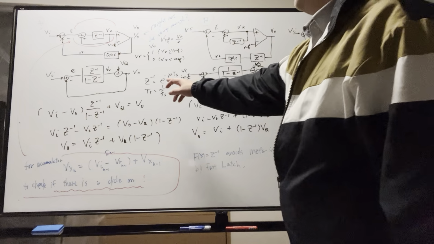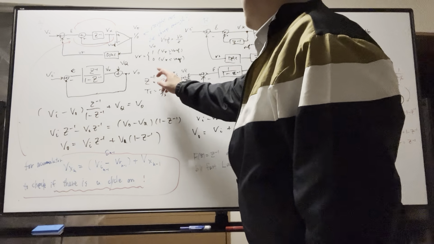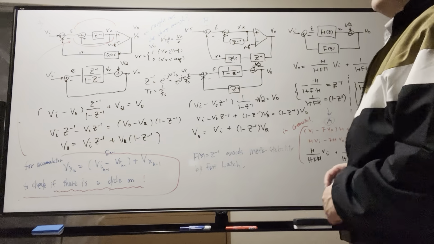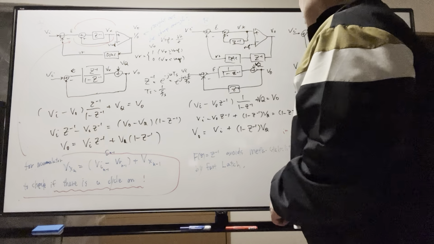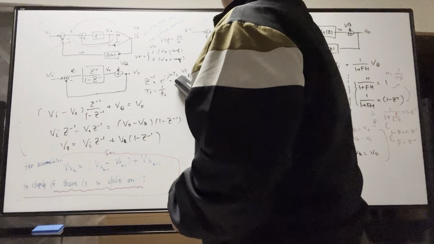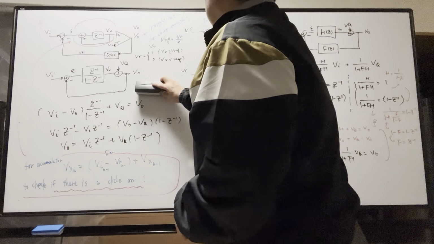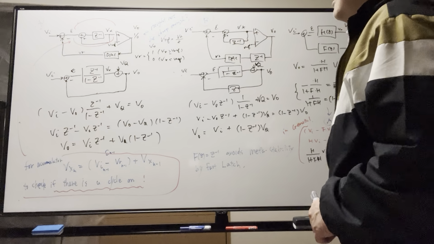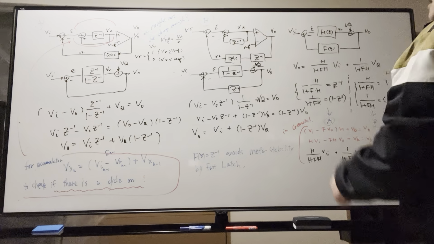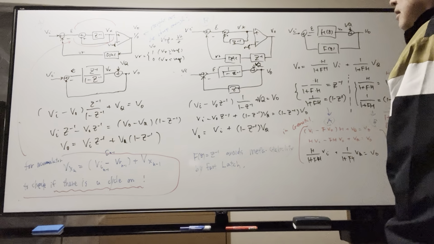So if this is z to the -1, then z to the -2 is 2 Ts delayed, and so on. So it's not so difficult mathematically. What these things mean is somehow more difficult.